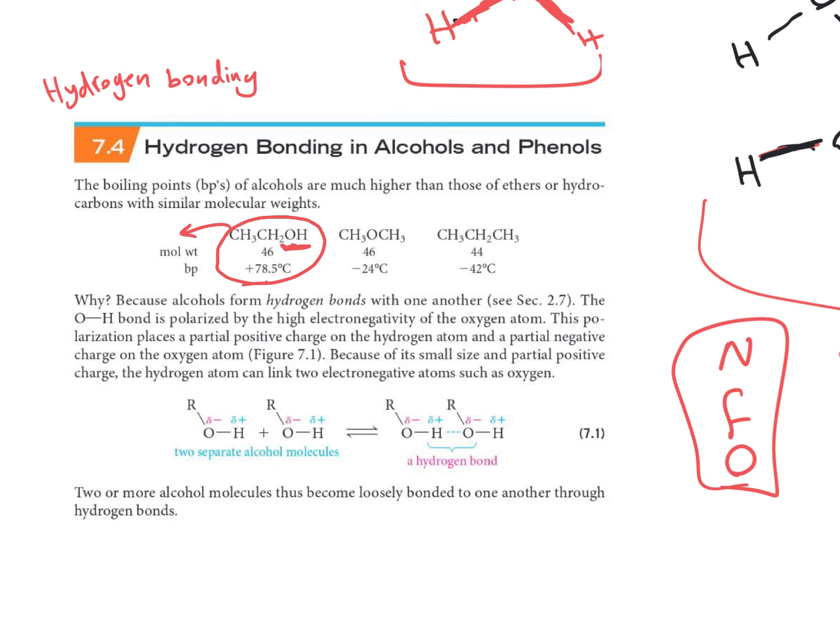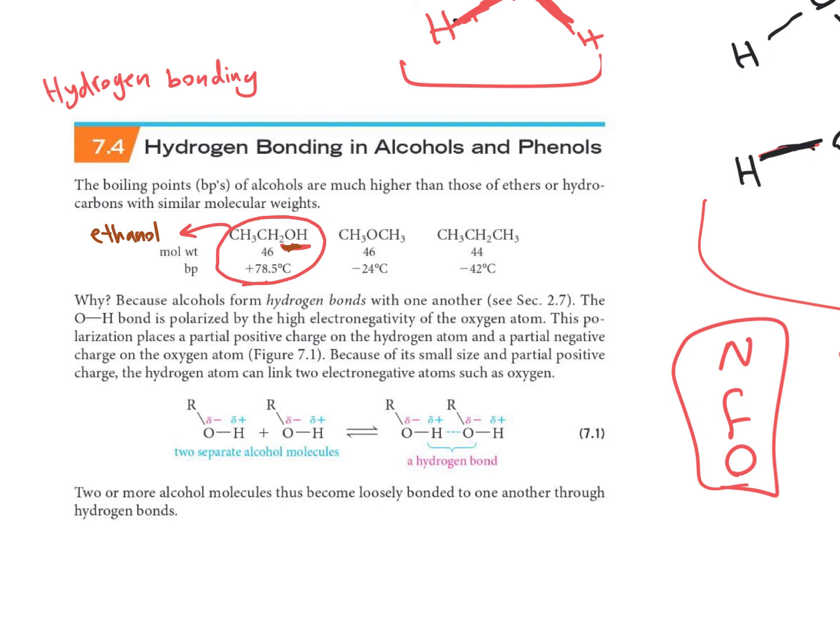CH3CH2OH, ethanol, right? So the oxygen from this molecule and the hydrogen from the other molecule can form hydrogen bonding. Does that make sense?